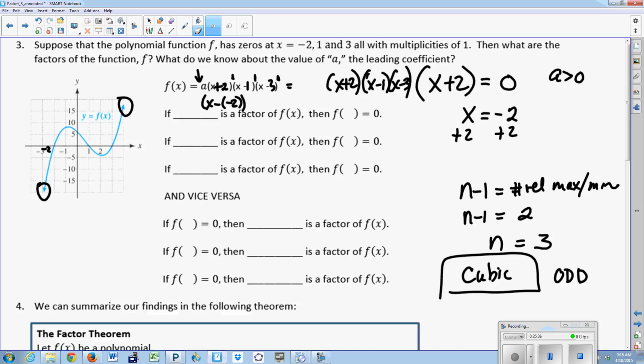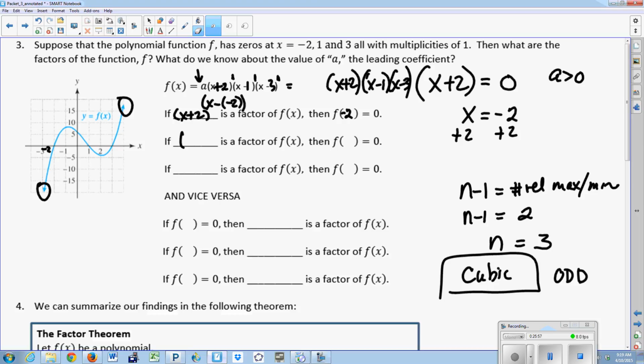All right, so here's where the factor theorem comes in. We're given these 3 zeros. So if x plus 2 is a factor of this polynomial, then we know f of -2 will make the polynomial equal to 0.